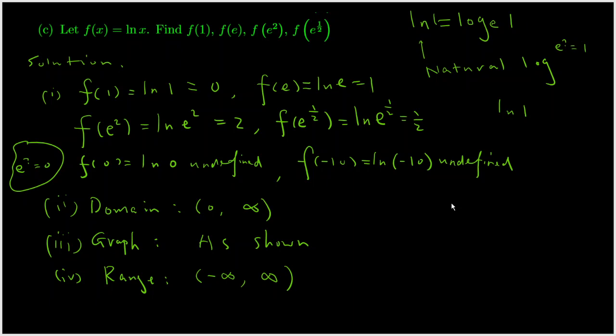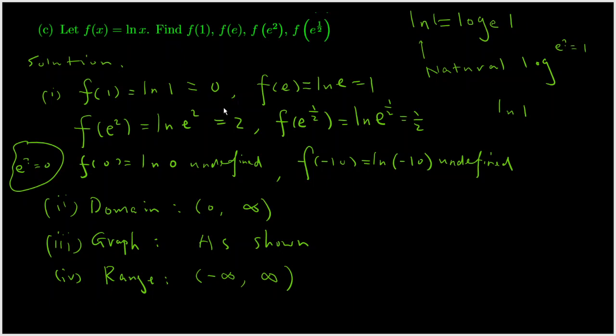Okay, so the natural log function. Again, e to the power of x is probably the most important exponential function, and likewise, natural log of x is the most important log function.